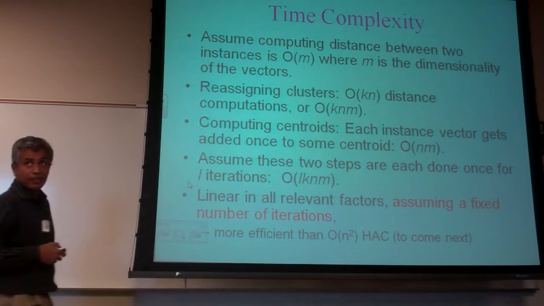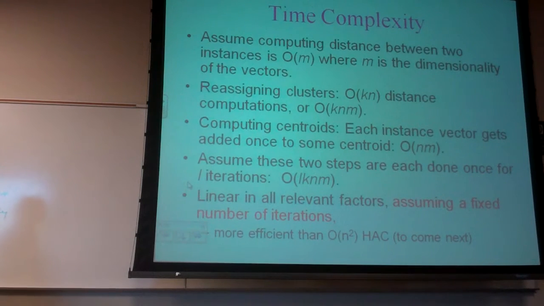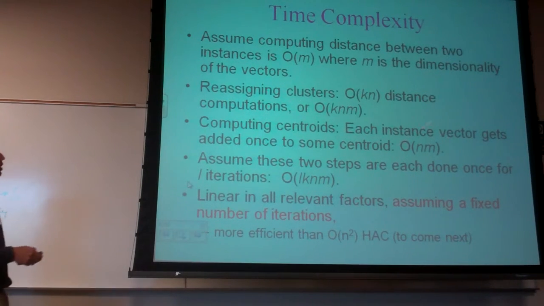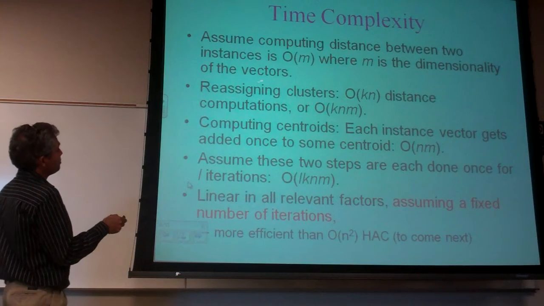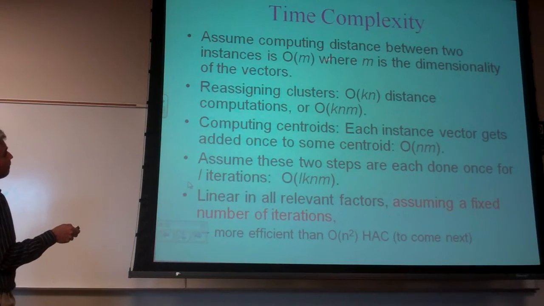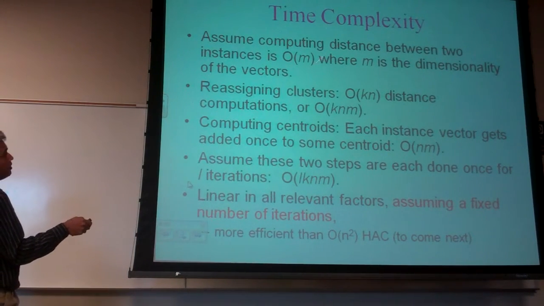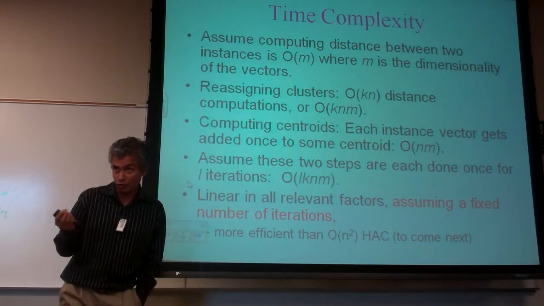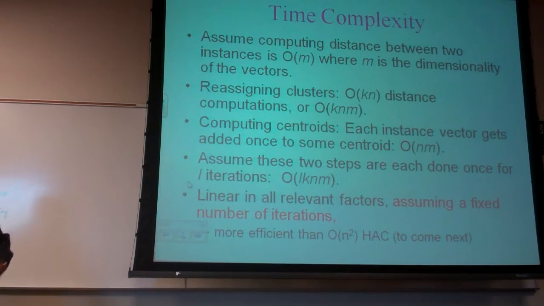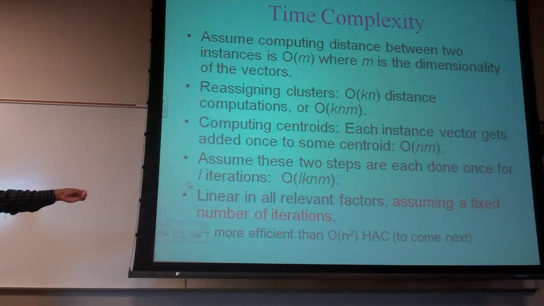The advantage of K-means is it's a very fast algorithm, in essence, because it's basically linear in all the relevant factors. So if you are computing the distance between two instances, let's assume the distance computation is order m, which is the dimensionality of the data point.